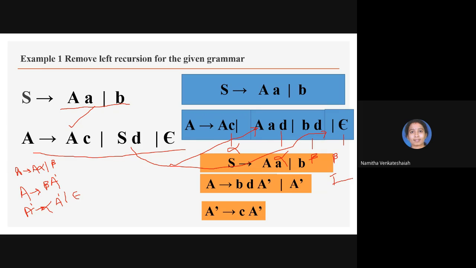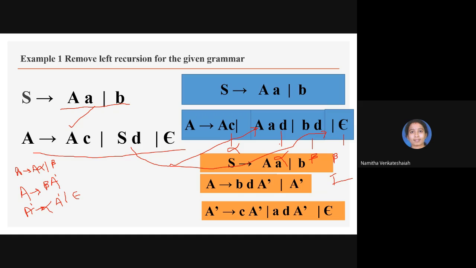I should write A dash. So A dash is C A dash. Why C A dash? Alpha A dash. In this, C is the alpha, right? Alpha A dash. And then AD A dash, because here AD is alpha, or AD A dash, or epsilon. This is how I removed left recursion from the given grammar.